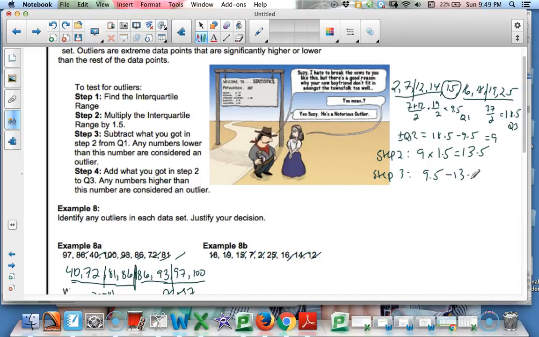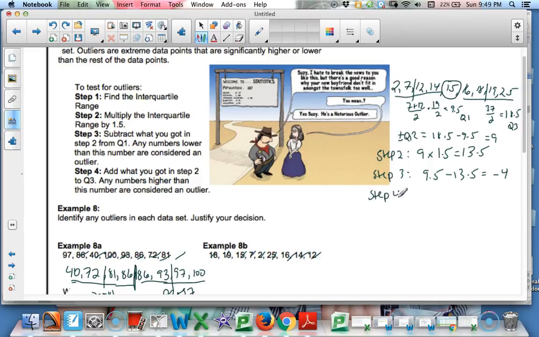minus 13.5. Well, that's going to give me a negative value, and I know that I don't have any negative values in this data set, so if I wasn't trying to teach right now, I probably wouldn't even finish this, but since I am, I'm going to say, okay, -4. I clearly do not have any lower outliers though, because I don't have any data values that are not positive.